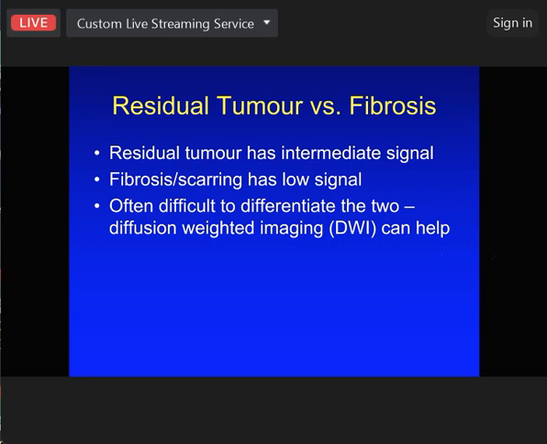motion of water molecules. You'll remember from your physics that Brownian motion is a small movement of molecules in various spaces. You probably looked at it with smoke particles in a sort of cloud chamber.